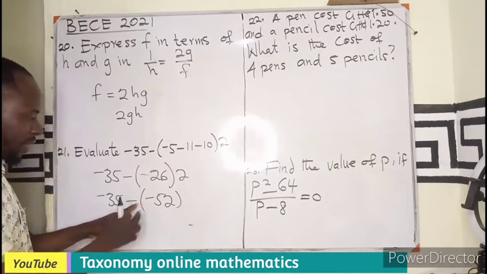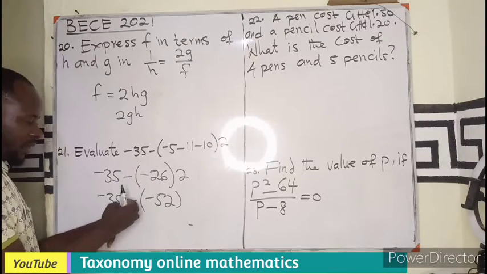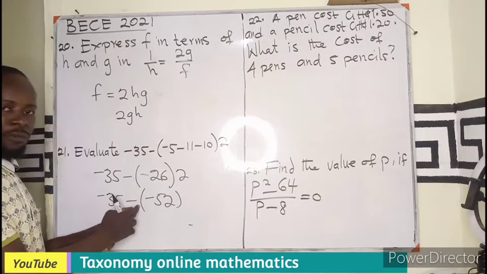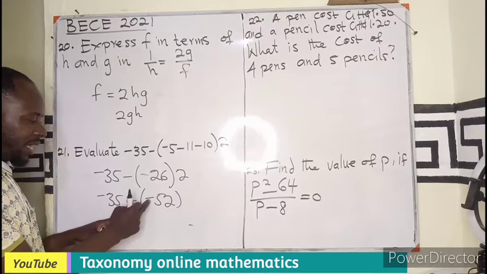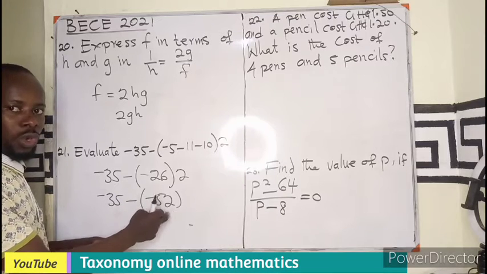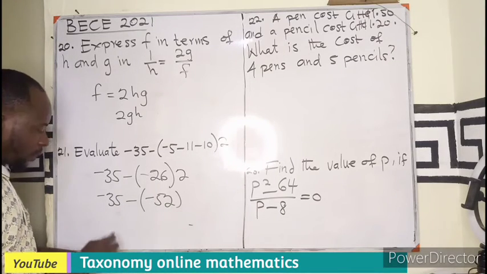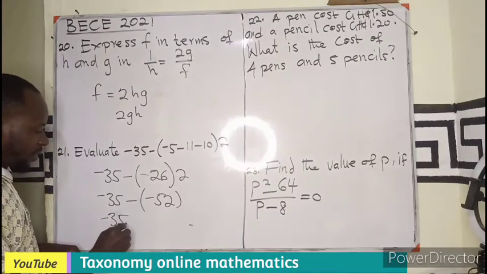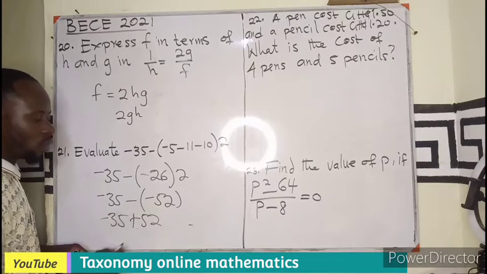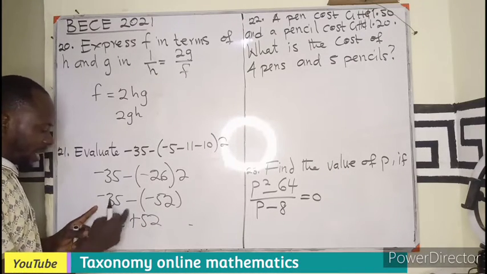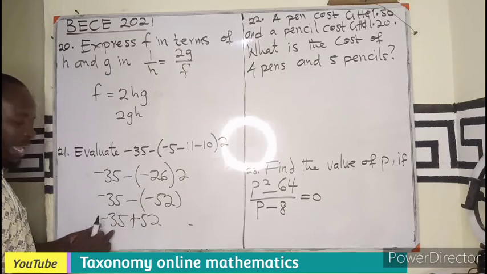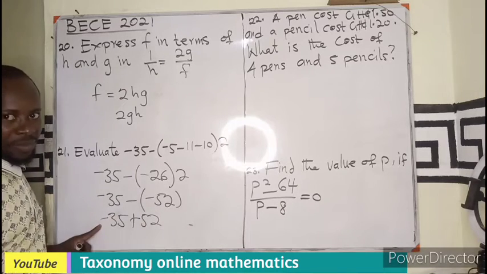So if I open this bracket, since we know there's always 1 in front of a bracket, negative 1 times negative 52 will give a positive 52. So minus 35 plus 52 is just going to be 52, taking away 35 from it.